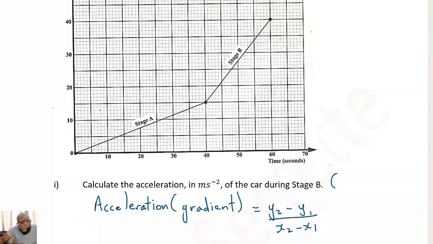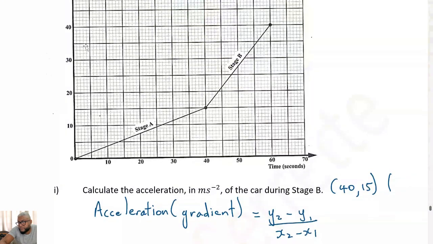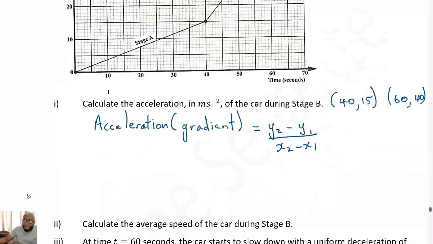The coordinates of 1 point would be 40, 15. Right, we had that. And Melisha, give me our next coordinate. 60, 40. Excellent. So we have our 2 coordinates on this line, right?